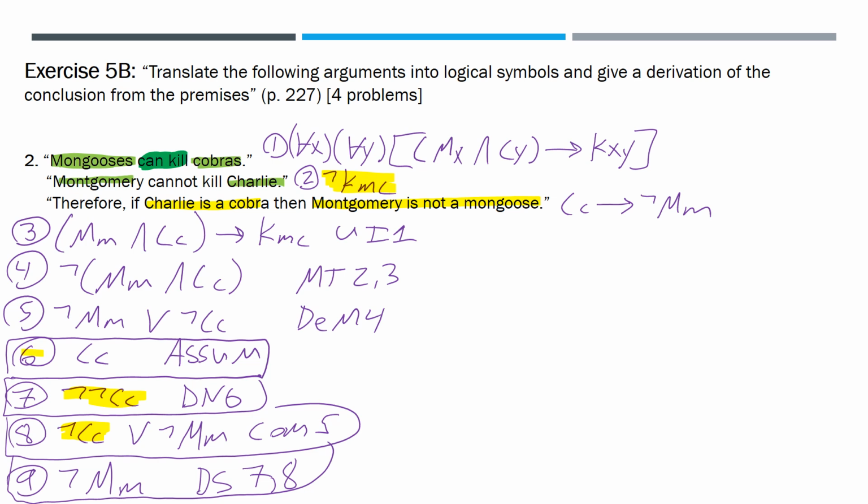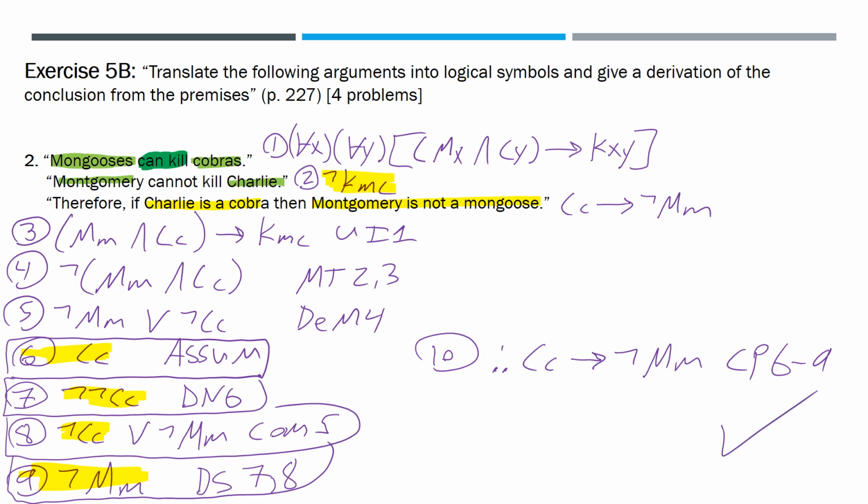So our assumption is Cc, and from that assumption, we're able to get not Mm outside of quarantine. For line 10, we can say, therefore, if Cc, then not Mm by conditional proof, lines 6 through 9. Thus, if Charlie is a cobra, then Montgomery is not a mongoose.